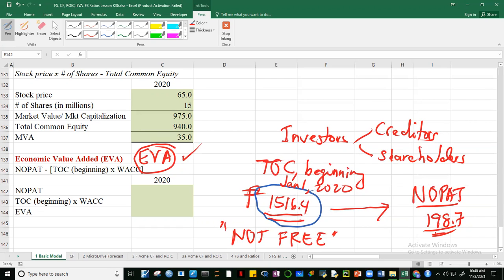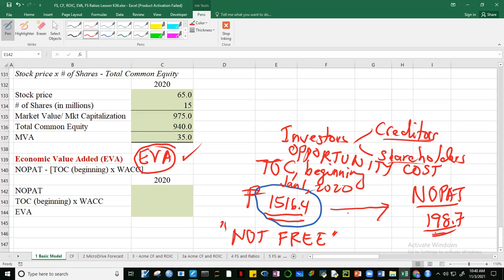Is this free, guys? It is not free because there's what we call an opportunity cost attached to it. Ibig sabihin, guys, ang opportunity cost, the creditors or the shareholders could have placed their money elsewhere and could have earned a greater return.